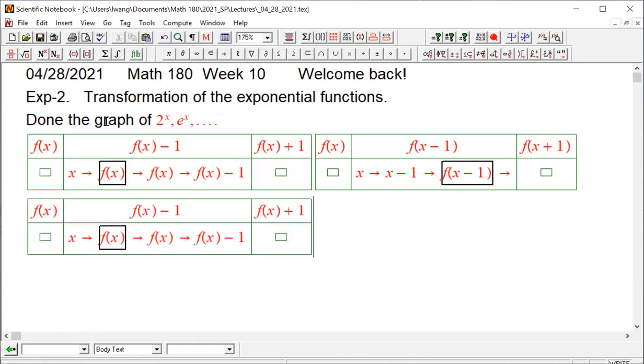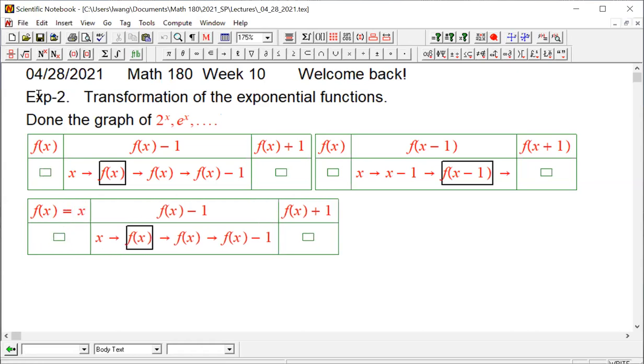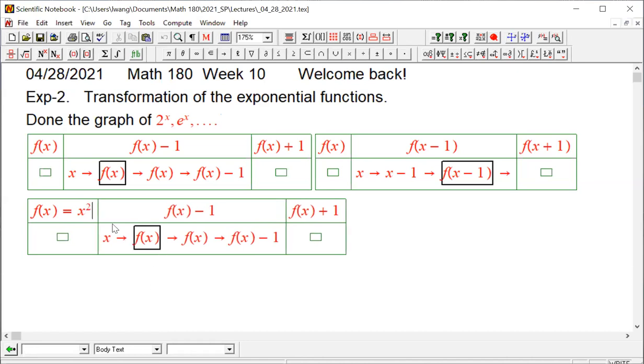We did similar things with quadratic, didn't we? Remember, we did similar things with a quadratic. Let me review this for you. If f of x is x squared, what would this be?